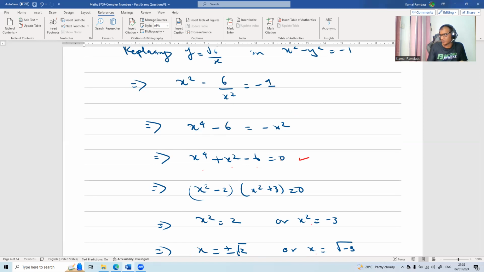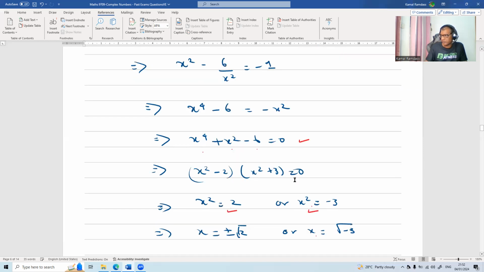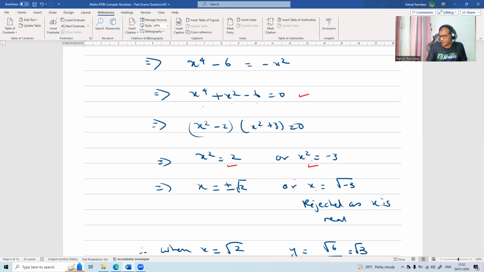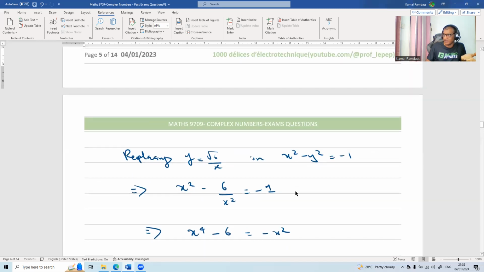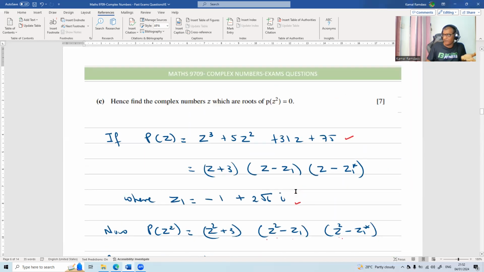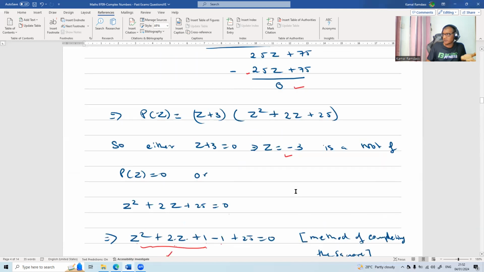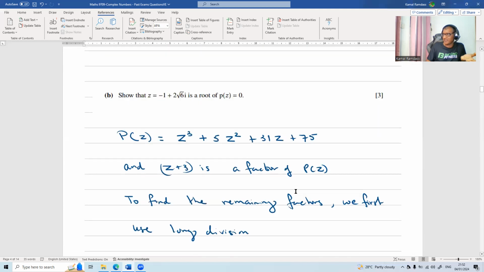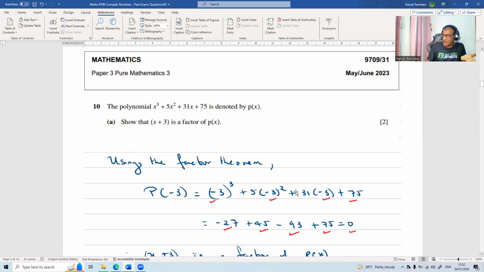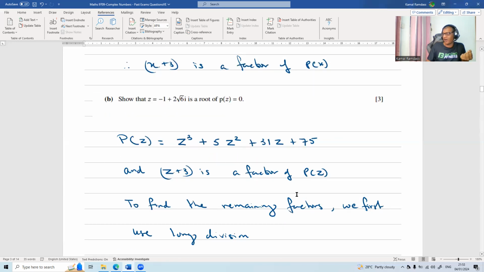Ça veut dire x⁴ + 3x² − 2x², et puis minus 6. Ça veut dire x² is equal to 2 or x² is equal to −3. Et x is equal to plus or minus √2 or x is equal to √−3, which is complex. It is rejected as x is real. Imaginez bien que if z is equal to x + iy, il n'est pas mentionné, mais x and y are real values.